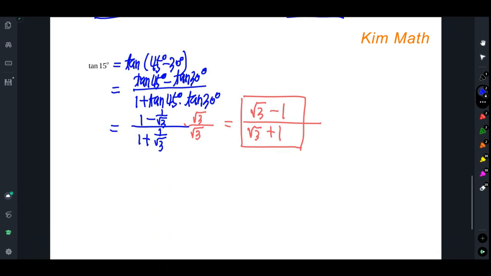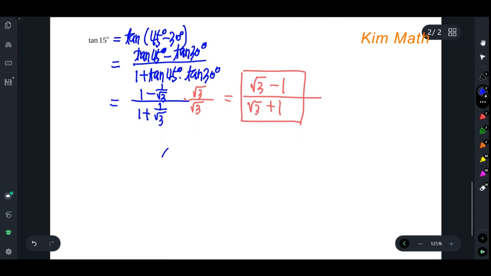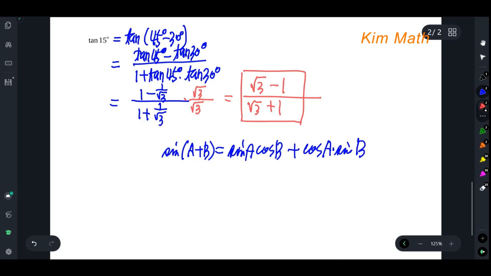Let me review this sum and difference identity one more time with different variables. For example, A and B. Then sine A plus B will be sine A cosine B plus cosine A sine B. When you have a negative sign here, you must have a negative sign here.